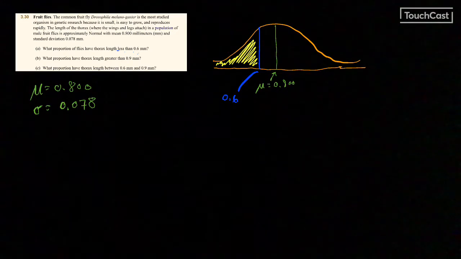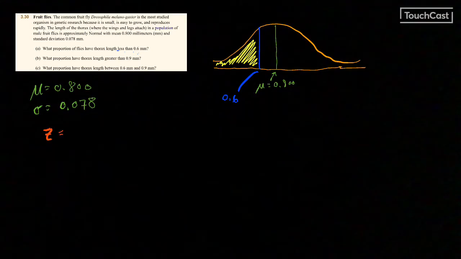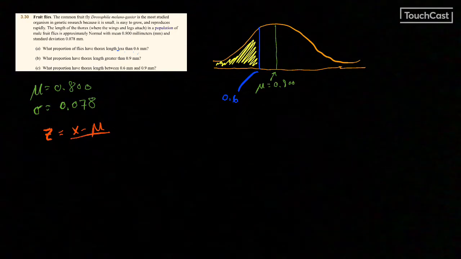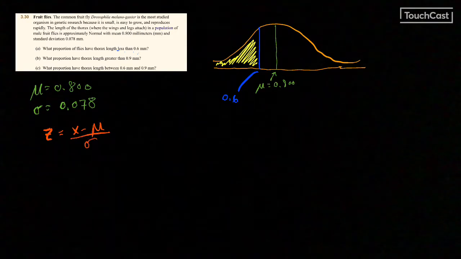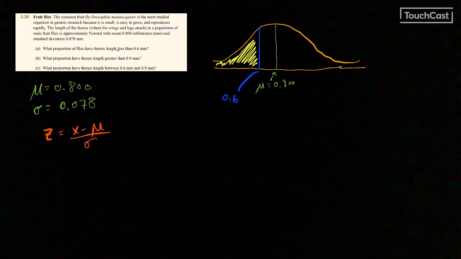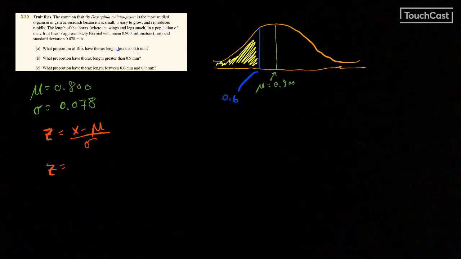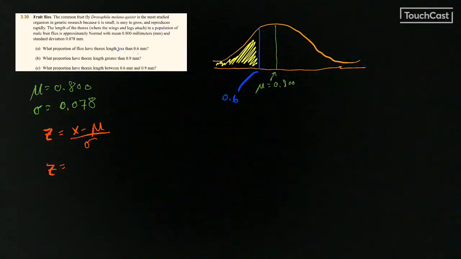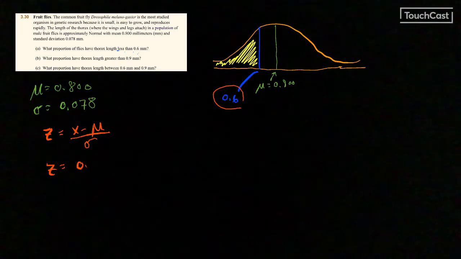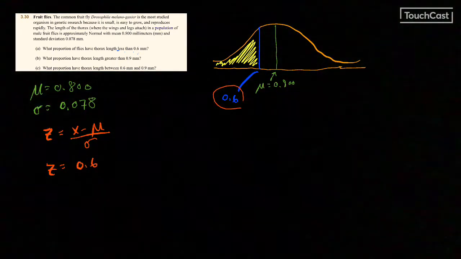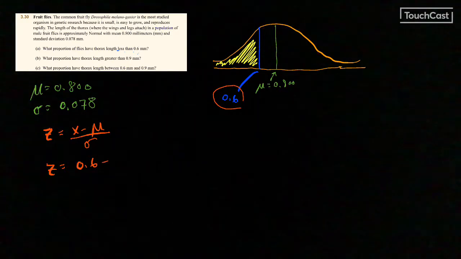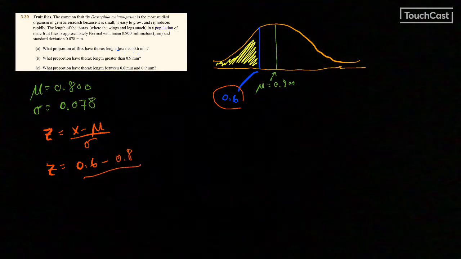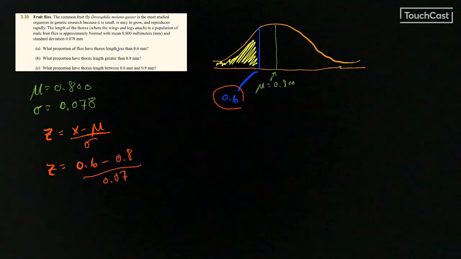And we know that z is equal to x minus the mean over the standard deviation. So I'm going to plug the numbers in. x in this case is 0.6, because that's the target that we're looking at, minus 0.8 over 0.078.